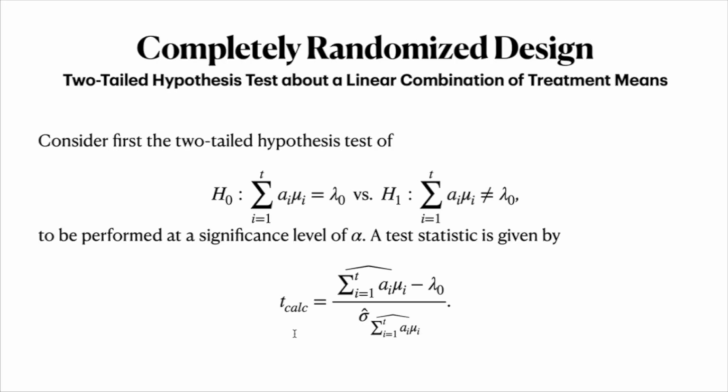So in this case, the test statistic, t-calc, is given by the point estimate of the linear combination minus the hypothesized value of that linear combination divided by the estimated standard error of the estimate of the linear combination. We have given expressions for these estimates, the estimated linear combination itself and the estimated standard error of that estimate, in a previous lecture video.